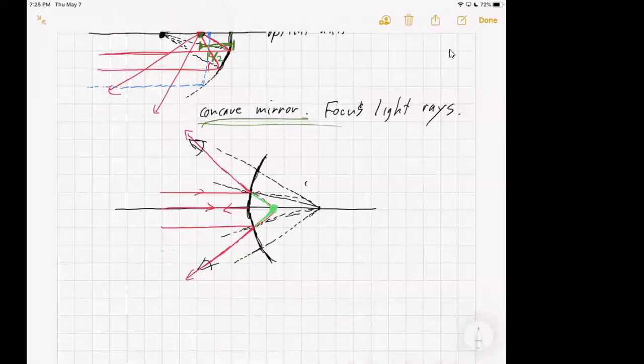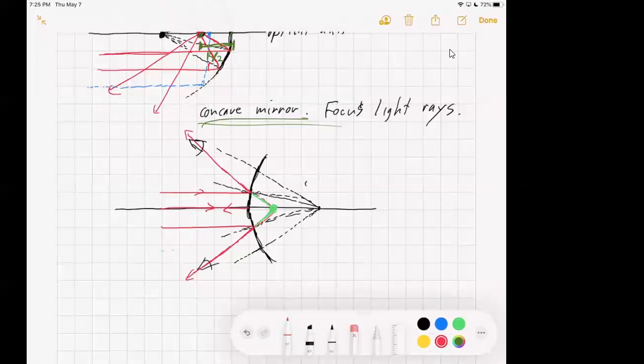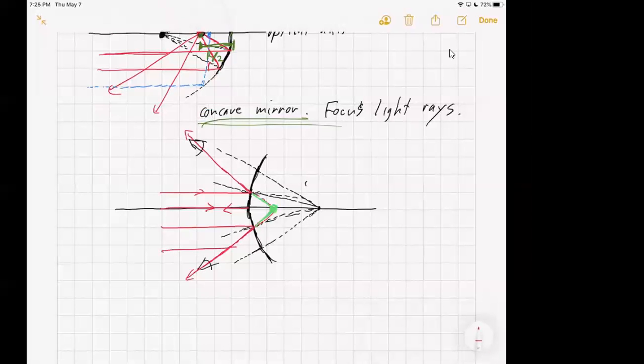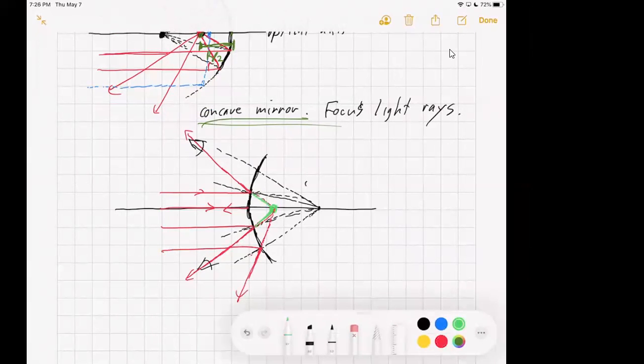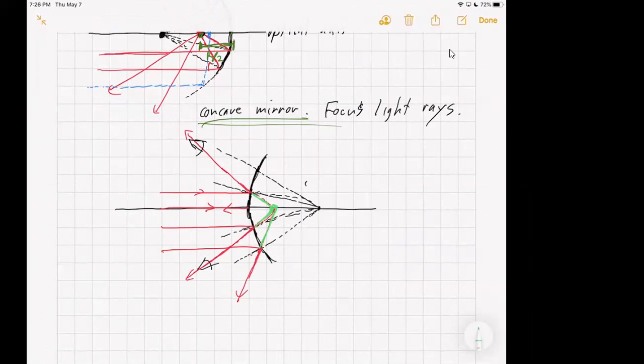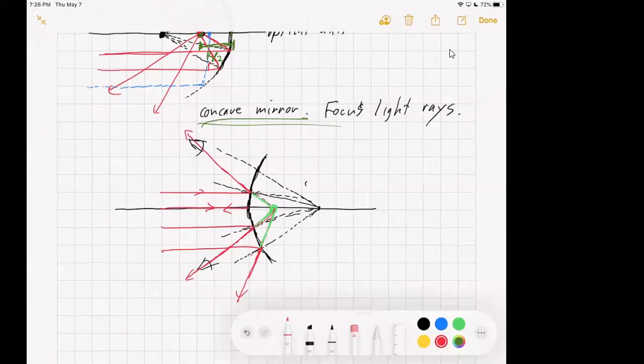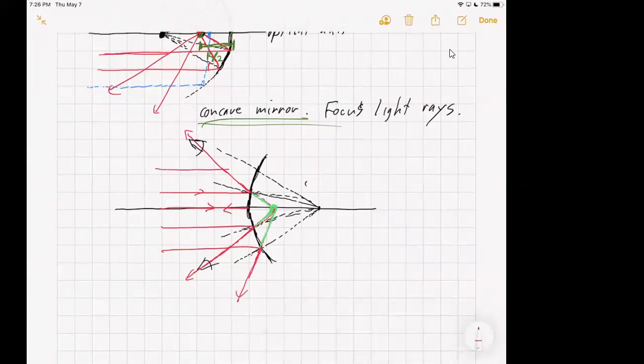So if I had rays, let me change back to red for my light rays. If I had a light ray here, it would reflect something like this. And this is a spherical mirror, not a parabolic mirror. If it were parabolic, it would appear to be coming from roughly the same point. If it's a spherical mirror, it won't be exactly right, but it'll be close.